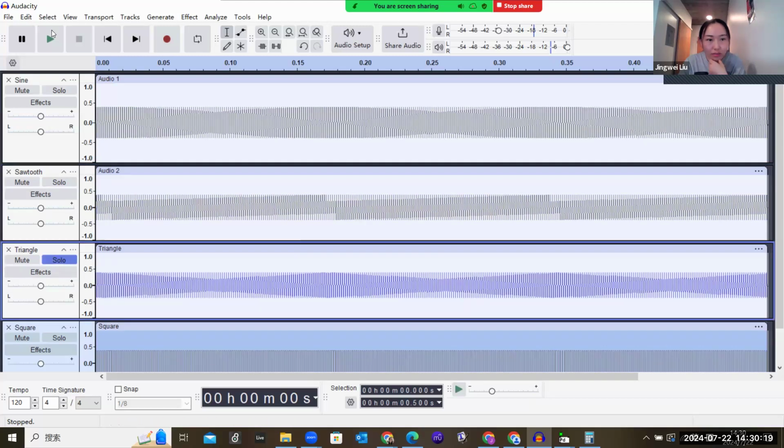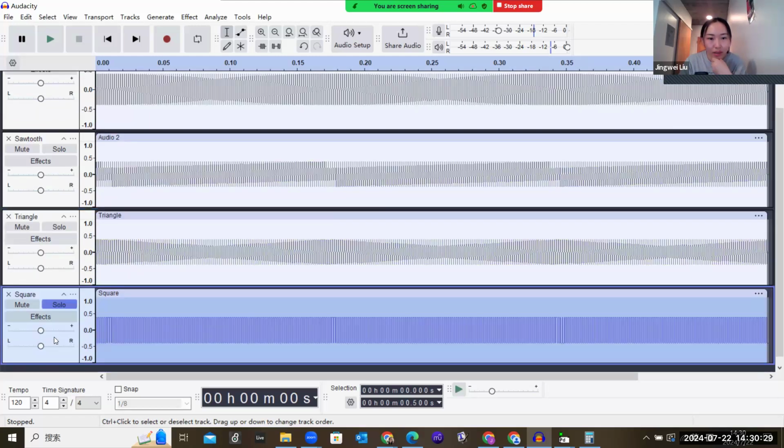What about triangle? So triangle is better than sawtooth. It's more gentle, but it's not as gentle as the sine tone, right? Well, square. The square is also creating this very sharp, or I would say somehow dissonant sound.